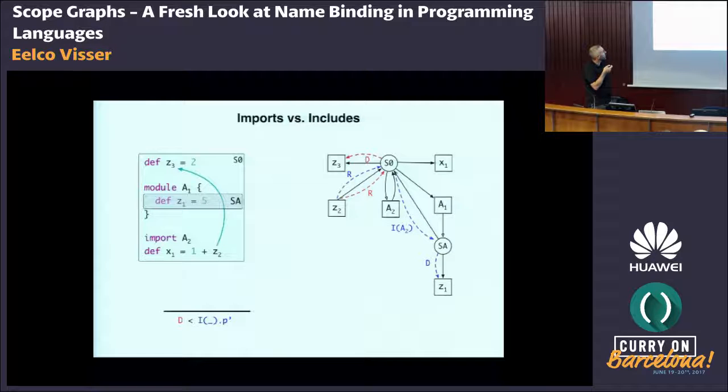If we say that we prefer local declarations over imports, then we would prefer the resolution of Z2 to Z3. But if we have an include policy, that means we don't specify the specificity ordering, and we don't make a choice between these two situations, and that would give us an error in our IDE.